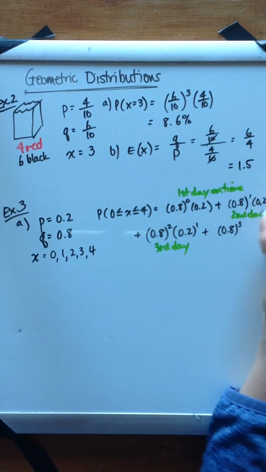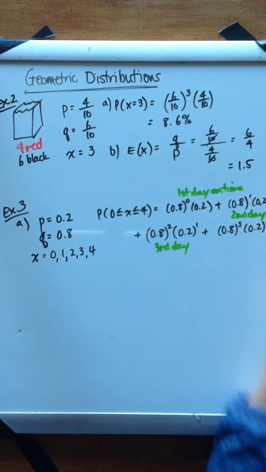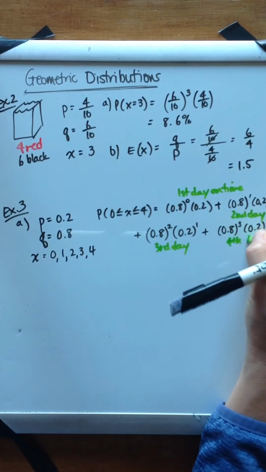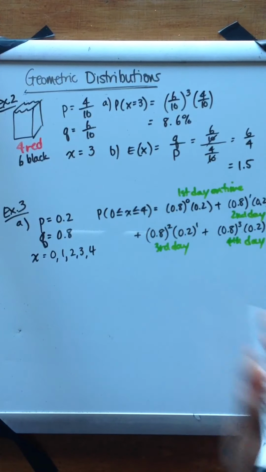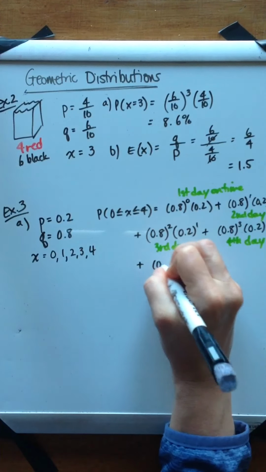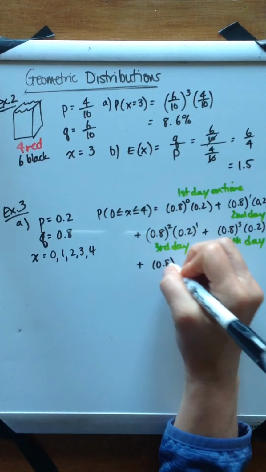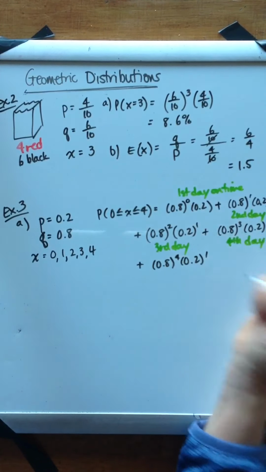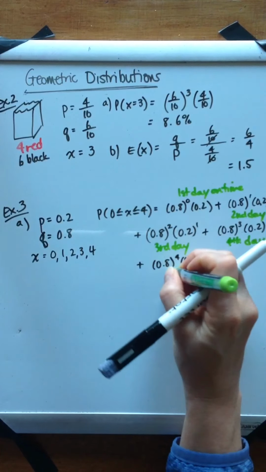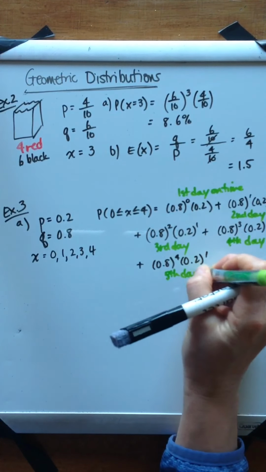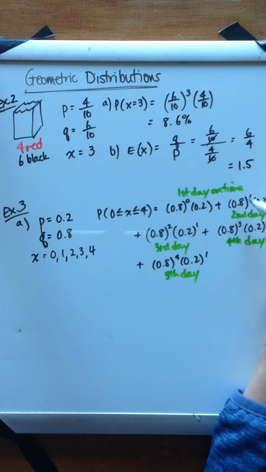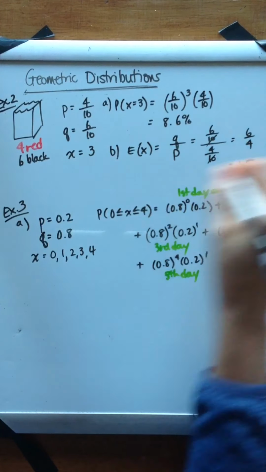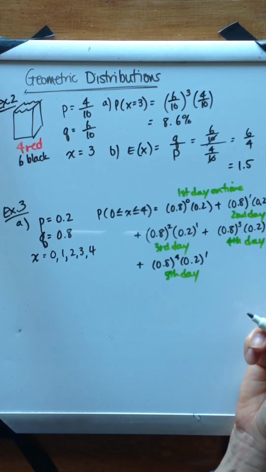Late Monday, Tuesday, Wednesday, makes it on time on Thursday, if we assume a typical work week here to help with the explanation. And then finally, we have late Monday, Tuesday, Wednesday, Thursday, 4 days, makes it on the 5th day. Again, you could think of it as Monday, Tuesday, Wednesday, Thursday, Friday if you like to. And so we got to do all of those scenarios added together.